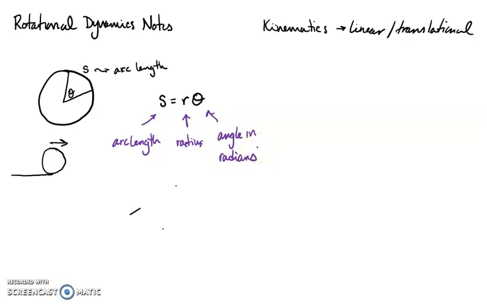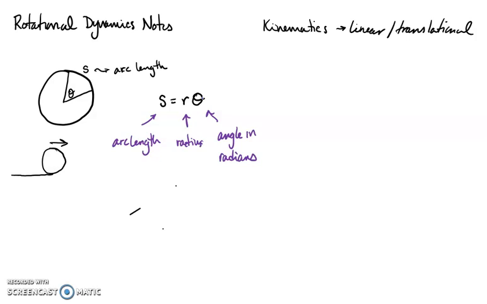Sometimes we're going to use degrees, but a lot of times we're just going to use radians, so just be prepared for that. That's how we figure out how far it actually went linearly. So s, the arc length, is our translational or linear component, and our angle is our rotational component.